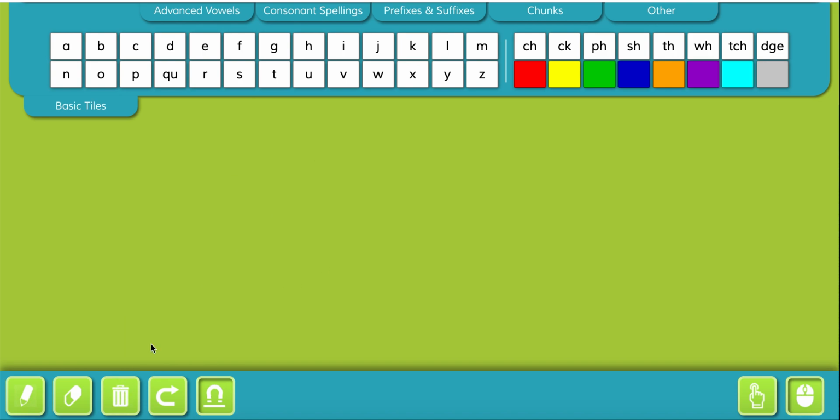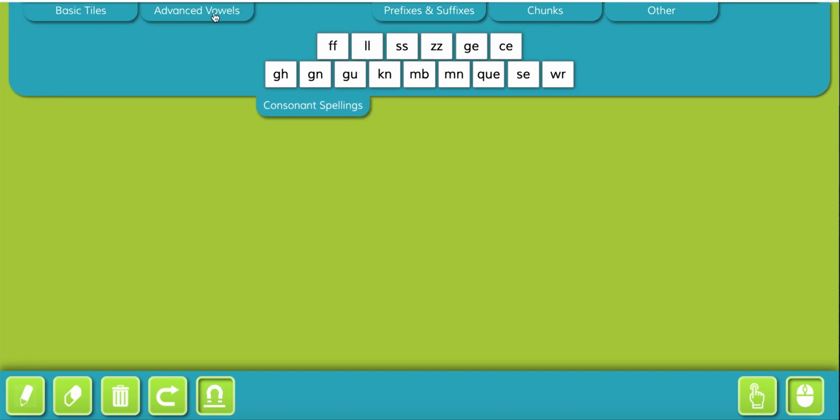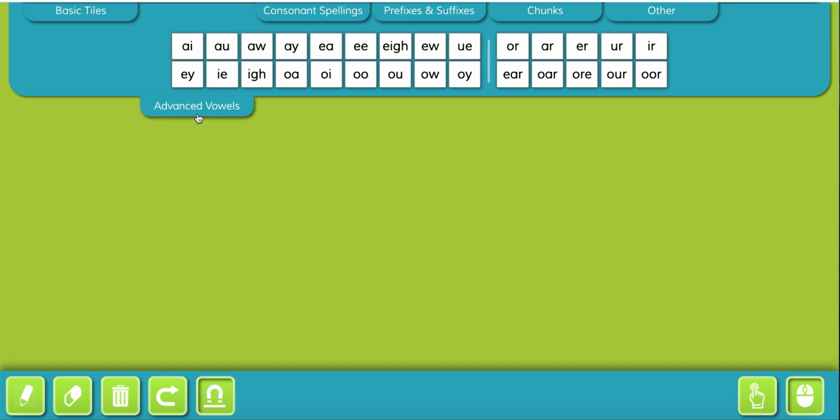All right, we're now going to build some words that have a specific vowel combination. I'm going to come up to my advanced vowels because they are advanced, they're a combination. We're going to work with the EA together, and EA together is usually going to say that E sound. Sometimes it does say a different sound, that's why it's important to go over.